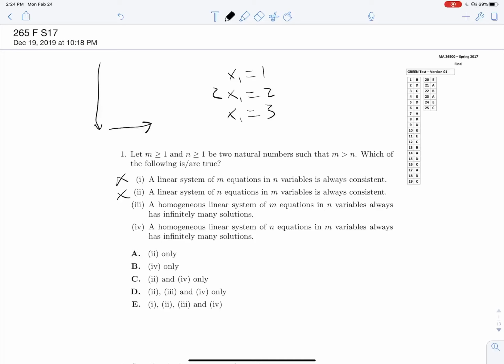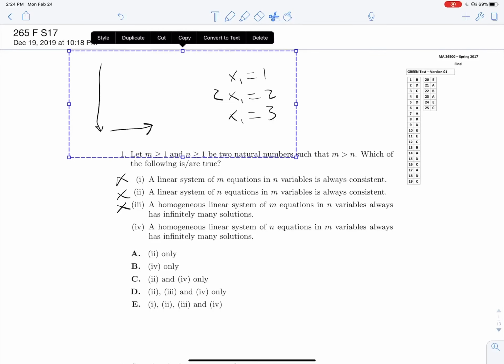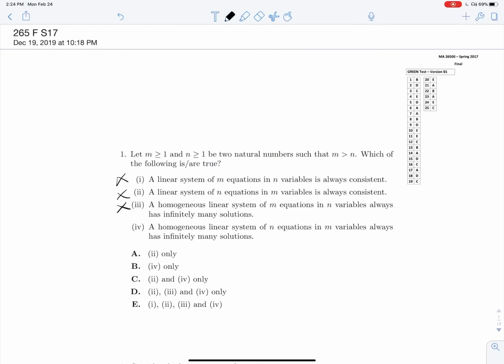Yet again, you can see how we do not have infinitely many solutions here. Or sorry, getting carried away. We don't have one solution. We have no solutions because our system is inconsistent.